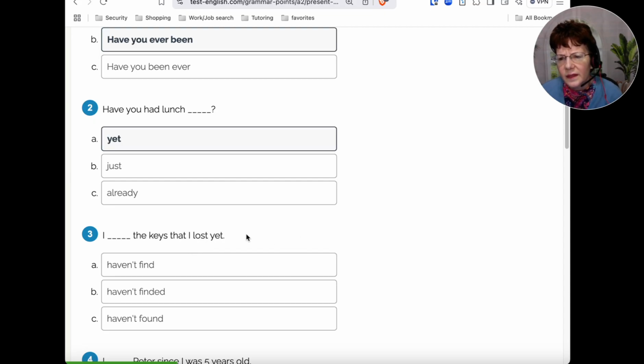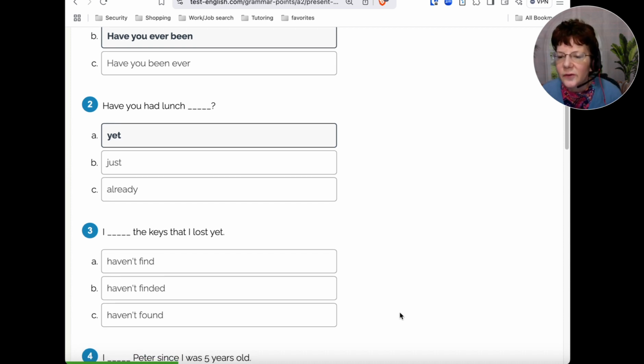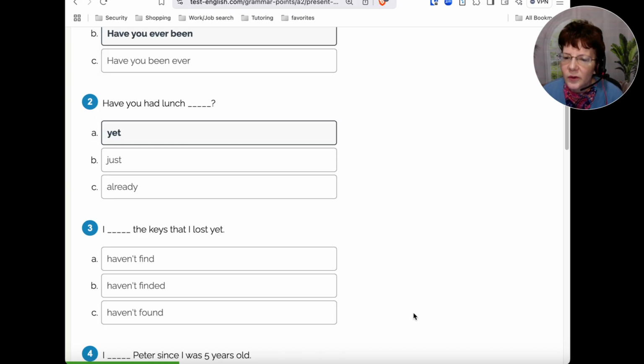Okay, so now this would be for negative, obviously. So we have haven't finded, or haven't found. All right, so the correct verb form is what we're looking for. Okay, so if you chose option C, haven't found, that would be correct.